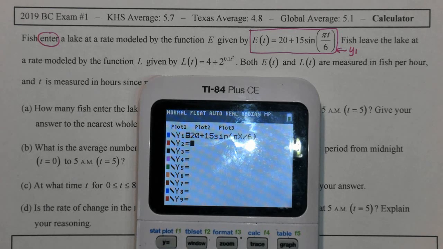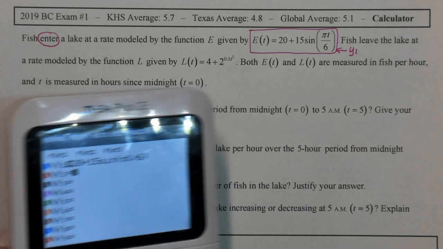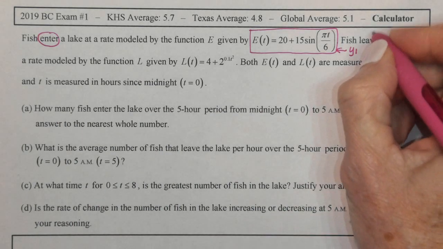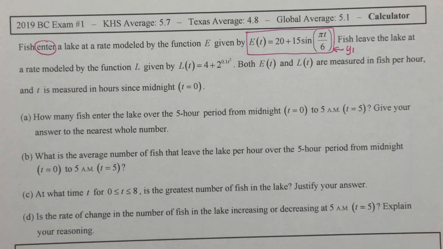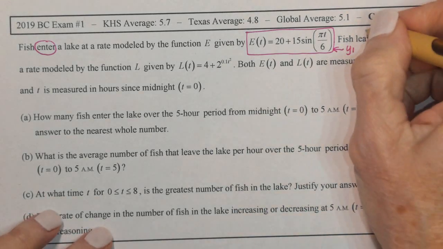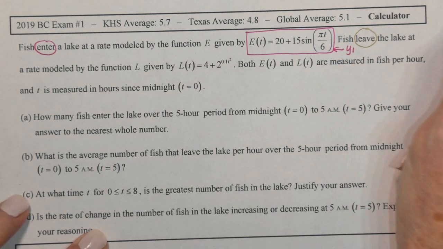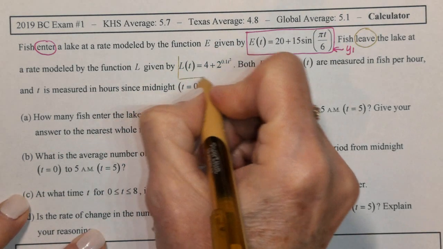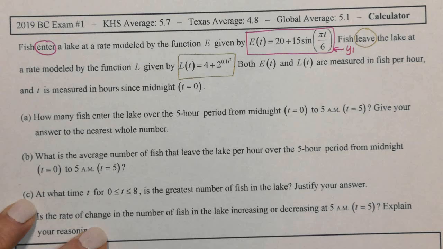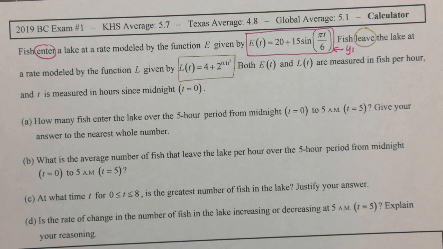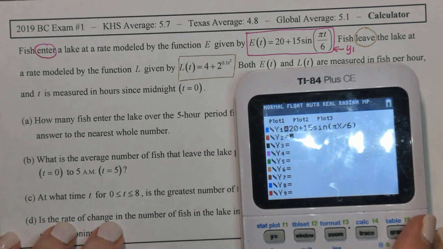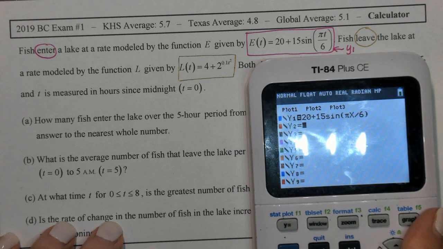My x is their t. Okay? Fish leave the lake at a rate modeled by L of t. E for enter, L for leave. I like it. That's going to go in for my y2.